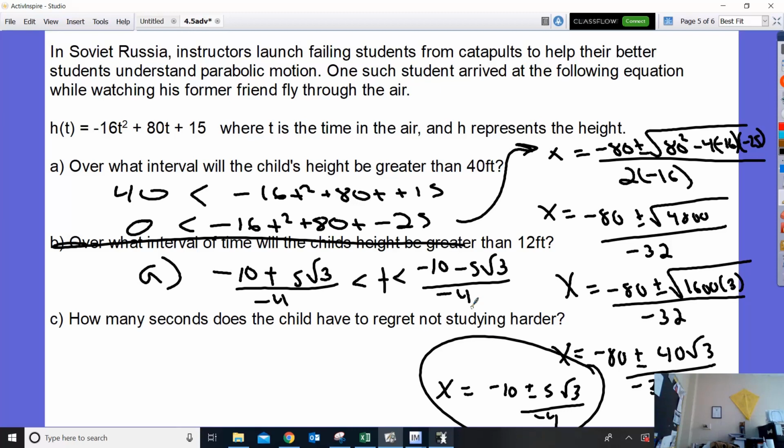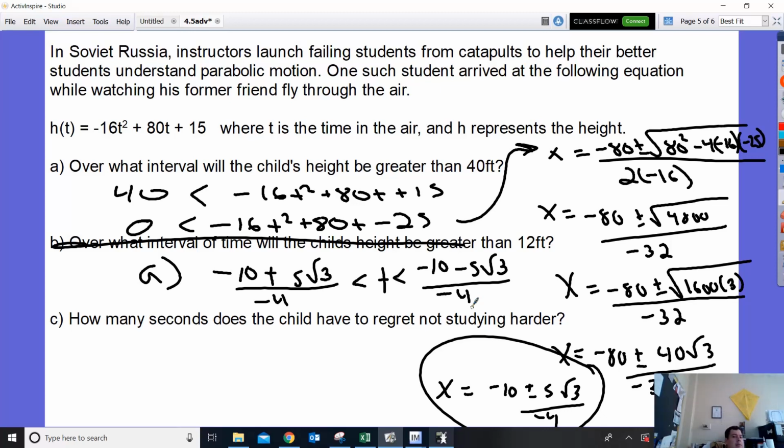Why is the plus 5 root 3 bigger or smaller? Divided by a negative. That's why it's a smaller one. Don't believe me, type those things in your calculator and see which one's smaller than the other. It's the smaller one because of division by a negative.